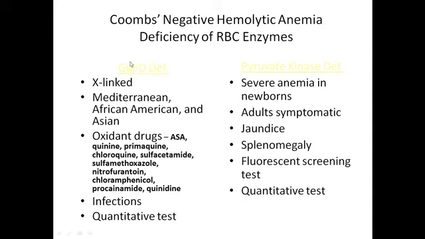Glucose-6-phosphate dehydrogenase deficiency. A scenario may be given to you that a patient comes with a history of fever, and he took some drugs. She is not able to mention the name of the drugs, and you find that after taking these drugs, he is anemic. What may be the causes?